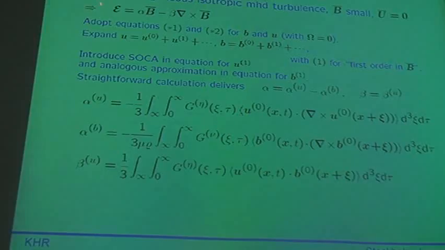Consider, again, homogeneous isotropic, but now magnetohydrodynamic turbulence. Consider B as small and ignore an influence of the mean flow.